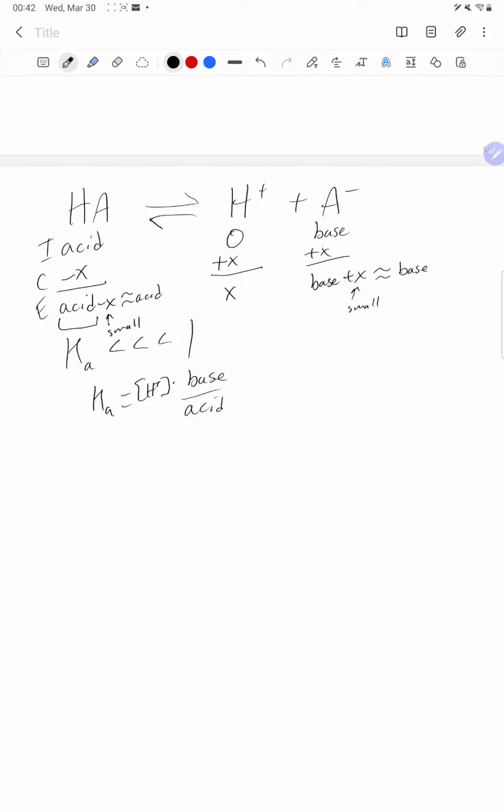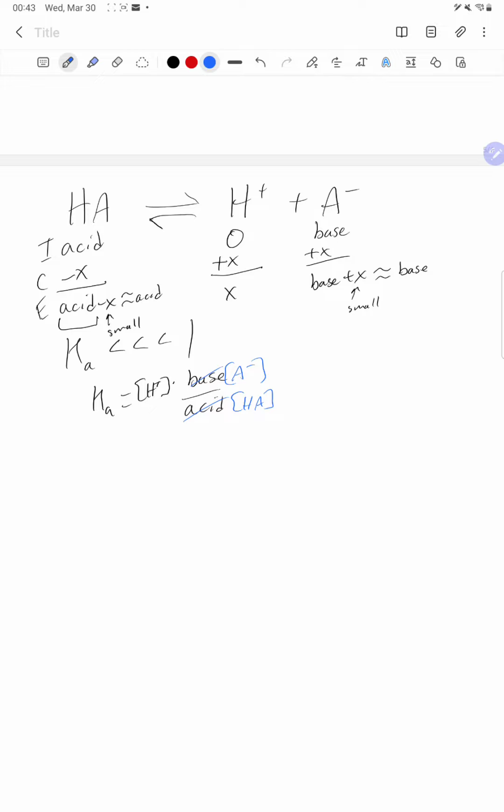And we already did this expression. In fact, if I was to replace base and acid with their respective terms, A- and HA, we literally have the equation for the equilibrium constant: Ka equals H+ times A- over HA. So the ICE table you can absolutely use for these.